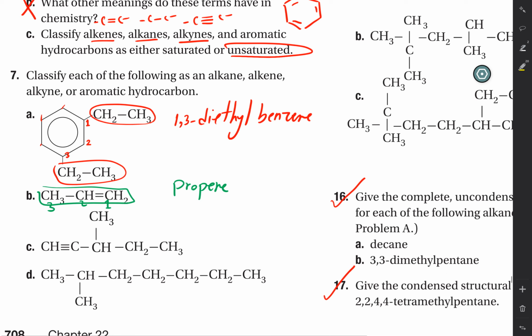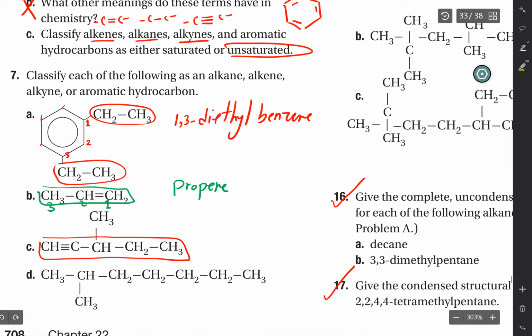For the next one, we have to find the longest chain which contains the functional group, or triple bond. This is the longest chain which contains the triple bond. Then we have to number this parent chain from the side where the triple bond receives a smaller number. Obviously, I have to number it from the left side: 1, 2, 3, 4, 5. And I have one methyl branch at the third position.